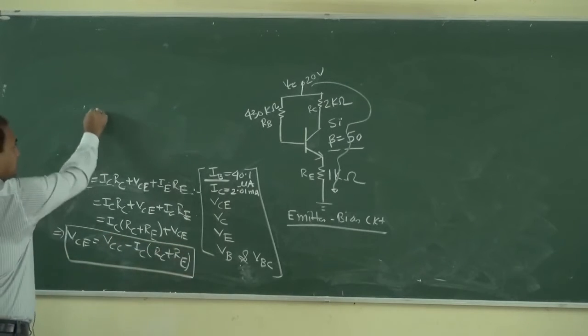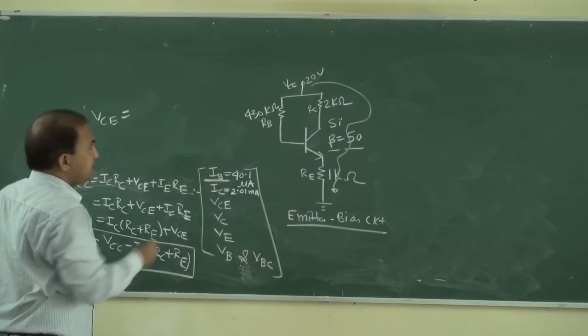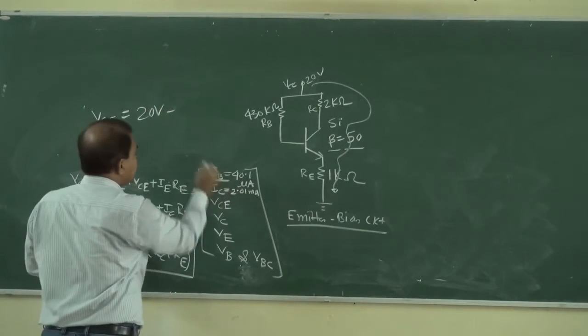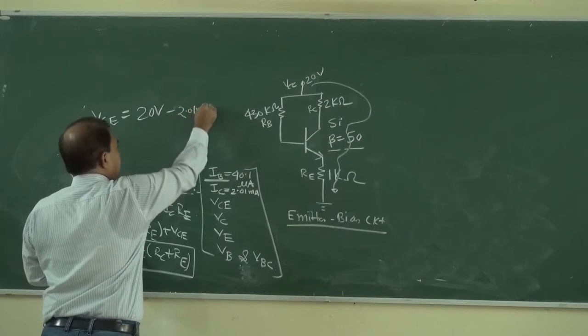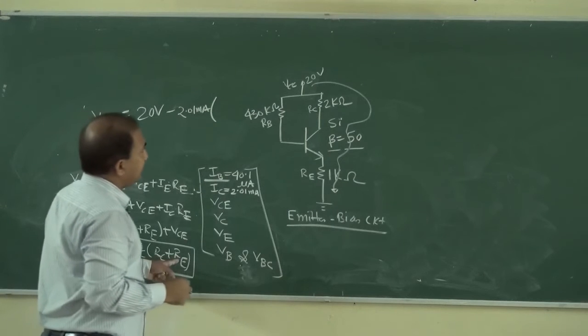So VCE is equal to 20 volt minus 2.01 milliampere times (RC plus RE).